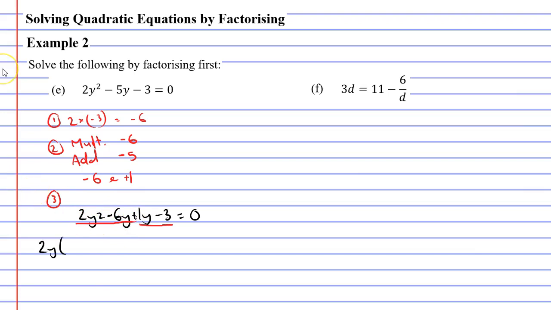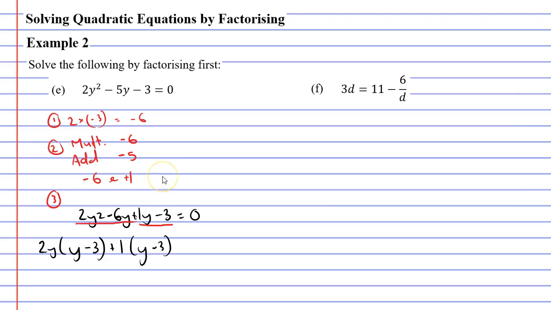So 2y times y will give me 2y squared, and 2y times minus 3 will give me minus 6y. Let's close our brackets here. When I look at my second group here, there are no common factors. So the only thing I can really factor out is 1. And 1 times y gives me 1y. And 1 times minus 3 will give me minus 3.